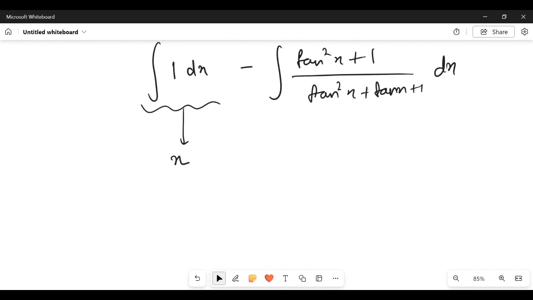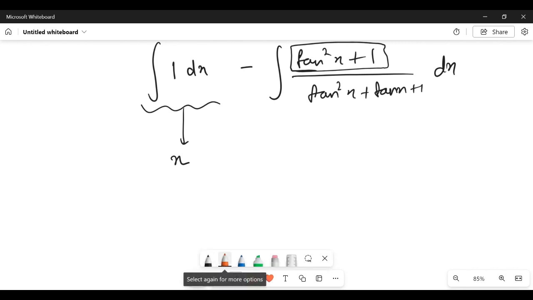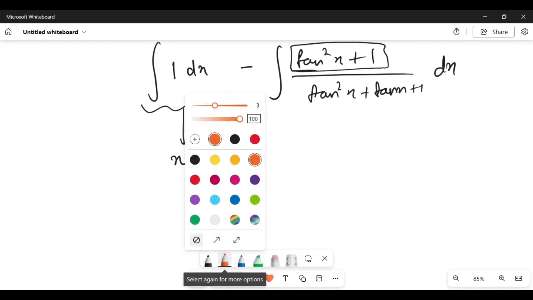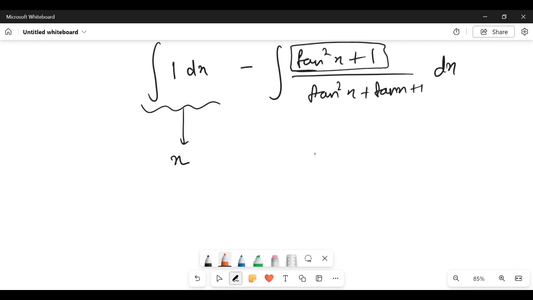So what will this give us? This will give us x. And what is this? This is sec square x, if you know a little bit of trigonometric identity: 1 plus tan square x is sec square x. So here, if we make a substitution, let's put tan x to be z, then sec square x dx would be dz.